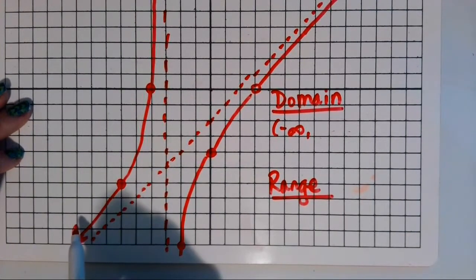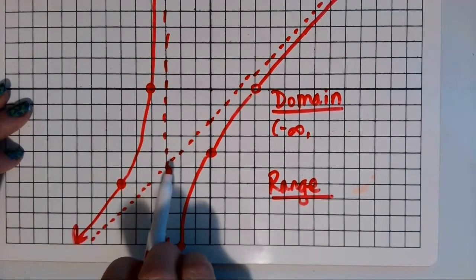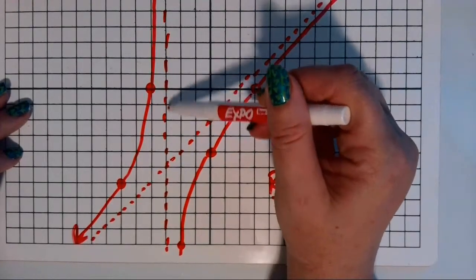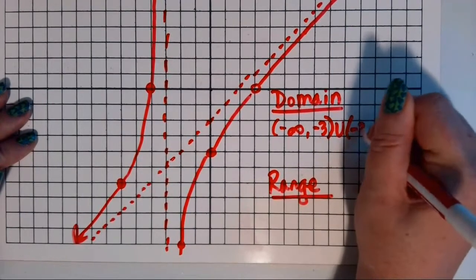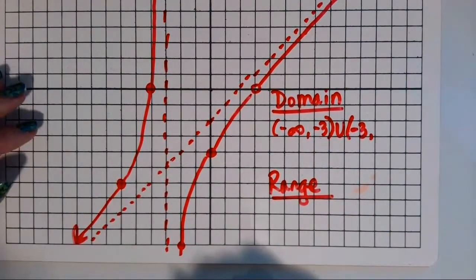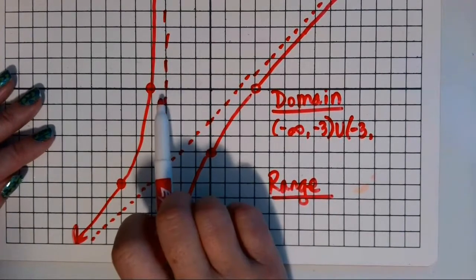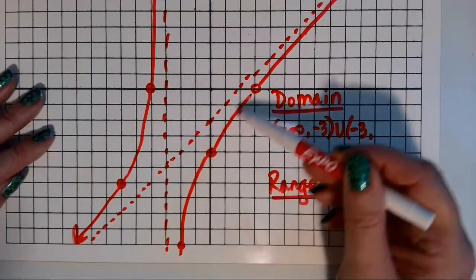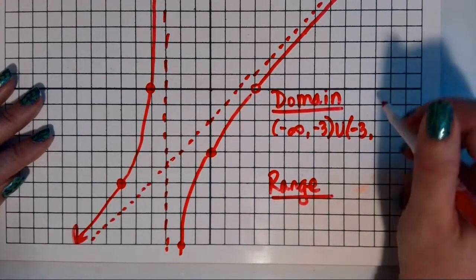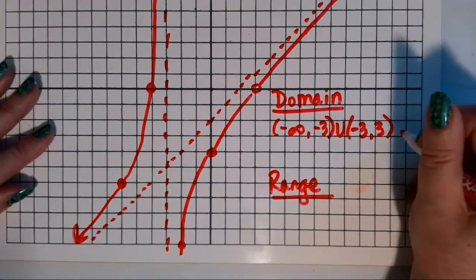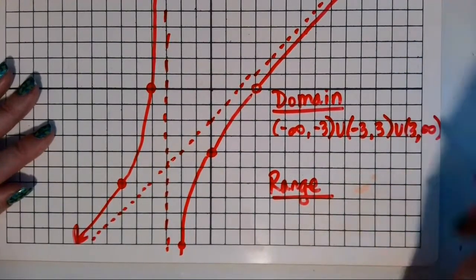So we're at negative infinity, and we keep going until the first undefined area in our graph, this vertical asymptote at negative 3. So we'll have to break the domain at negative 3 with a union, pick back up on the other side of that vertical asymptote, and then we keep going until we reach this hole, and that hole has an x coordinate of positive 3. So we have to stop at 3, hop over that hole, and then head off to positive infinity.